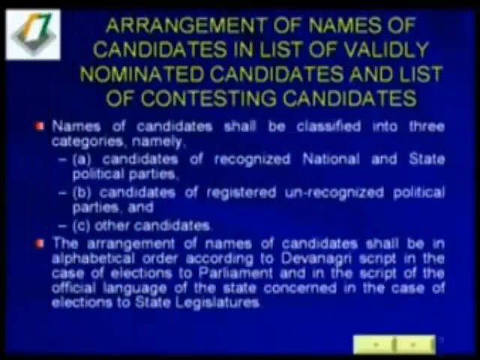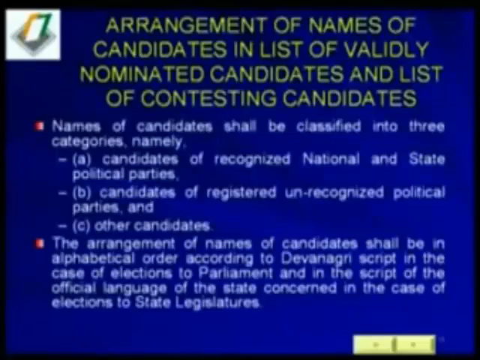The names of the candidates are to be arranged in the list of contesting candidates, and it will start with the preparation of the list of validly nominated candidates. Then it will be followed in the list of contesting candidates. If you have a look at Form 4 and Form 7A, you will find that the form is divided into 3 categories.